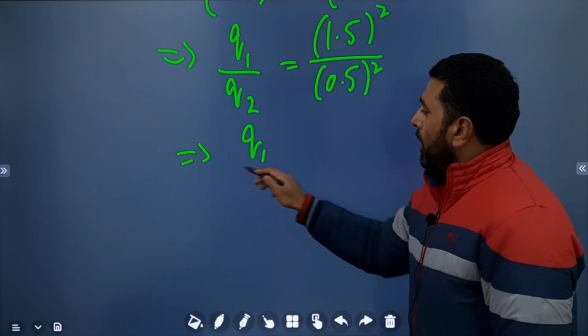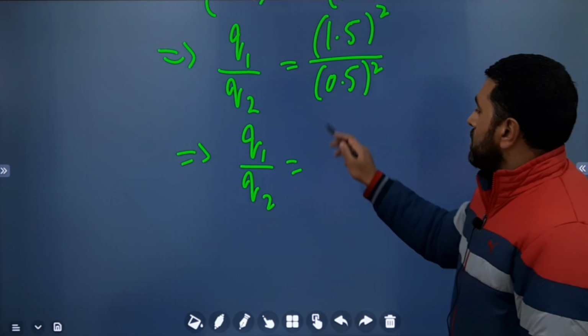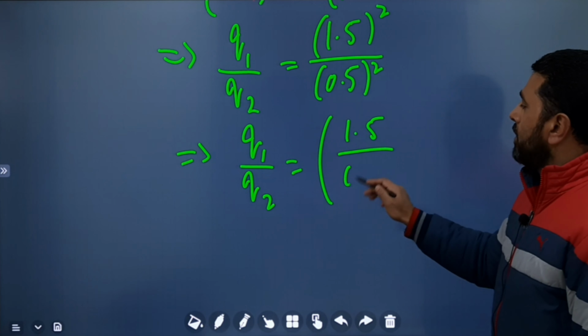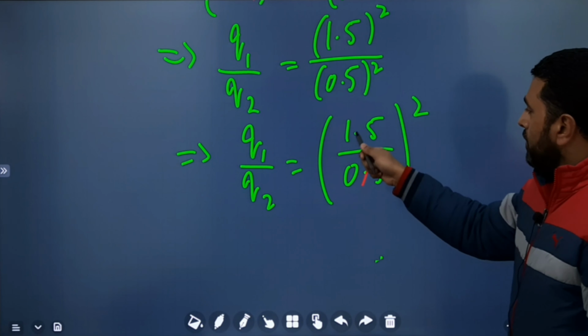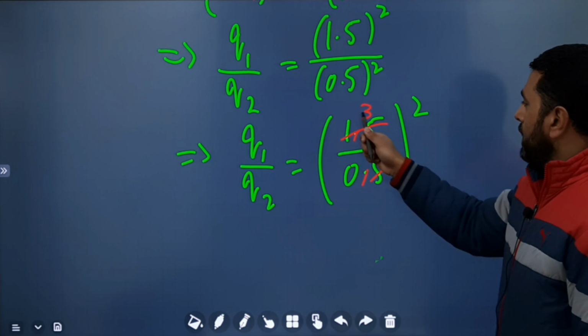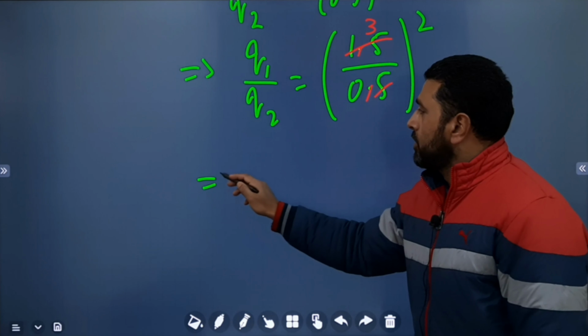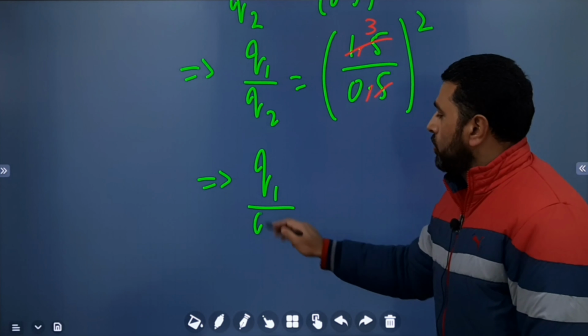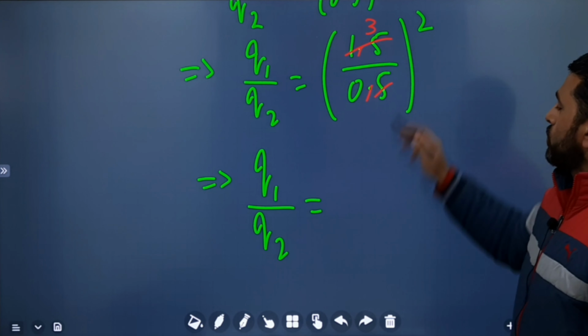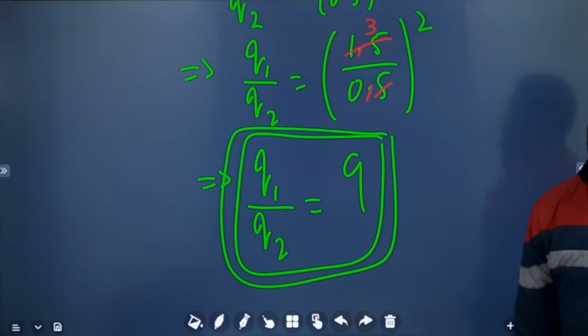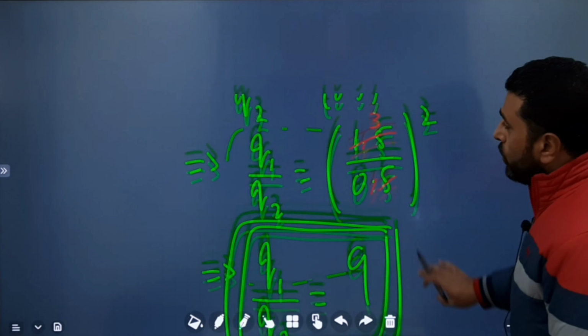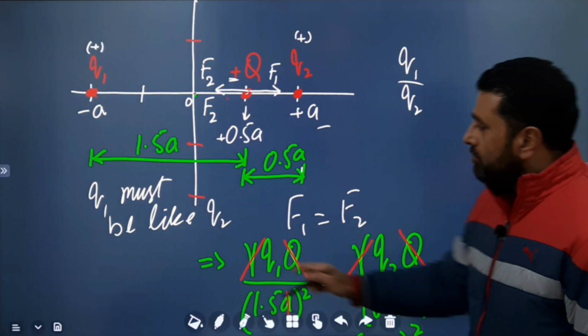So this means Q1 divided by Q2 is (1.5 divided by 0.5) squared. Point and point goes, 5 into 3. So this implies Q1 by Q2 is equal to 3 squared, which is 9. Remember, Q1 and Q2 are like charges.